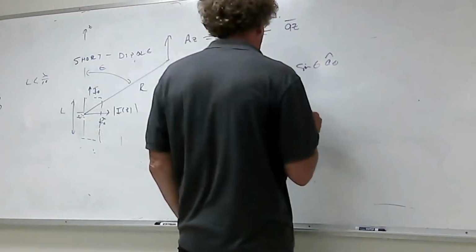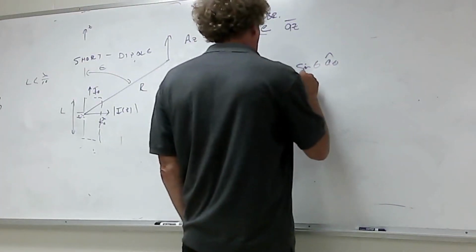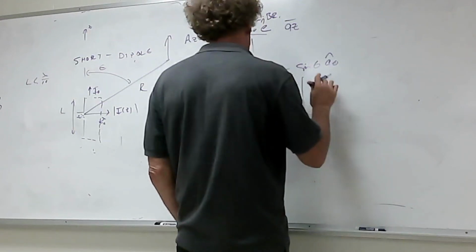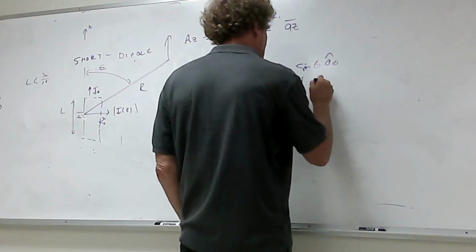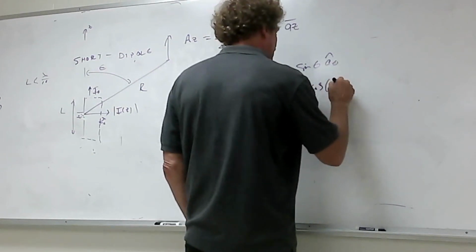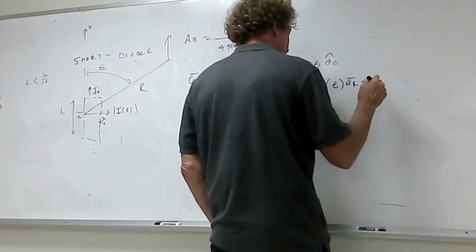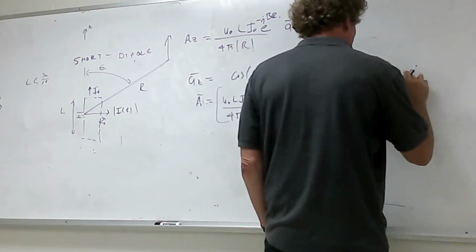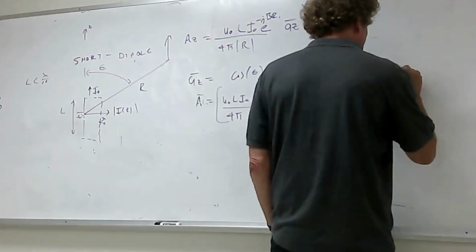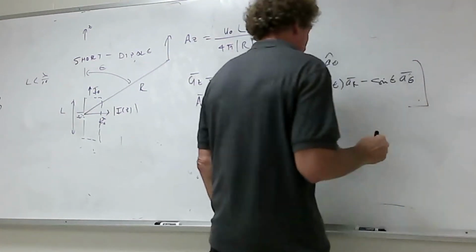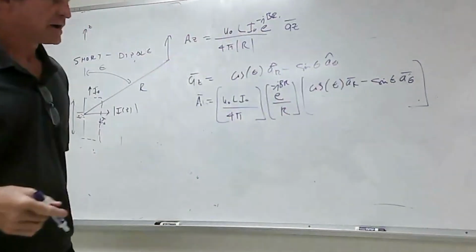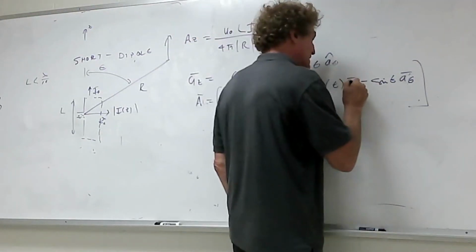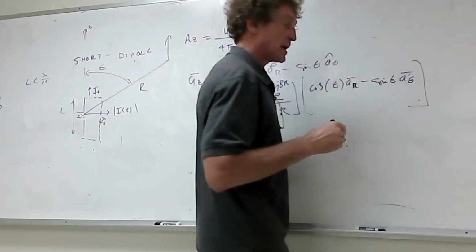And the next function is going to be this stuff, which is cosine of theta AR minus sine of theta A theta. Now remember, A theta and AR are unit vectors. Now here's what I used to do and what Whitworth did, and a lot of people do.